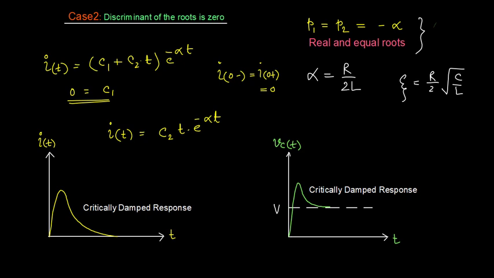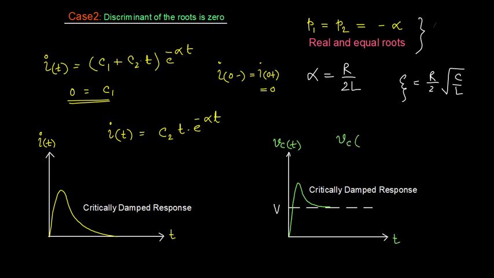This type of response is called critically damped response, as shown here. The transient here dies out quickly and the peak value of the current is higher with respect to the overdamped response. The capacitor voltage has a similar response with an additional term V as previously.